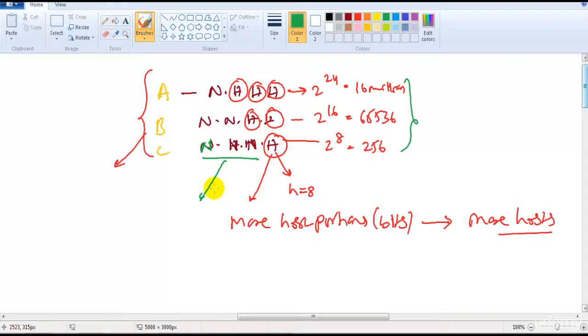There are no uniform network portions or host portions in all the 3 classes. They vary to provide different network sizes. That's the main intention of making different network and host portions in your IP addressing.